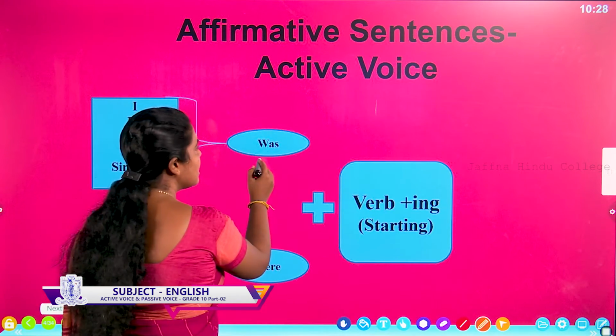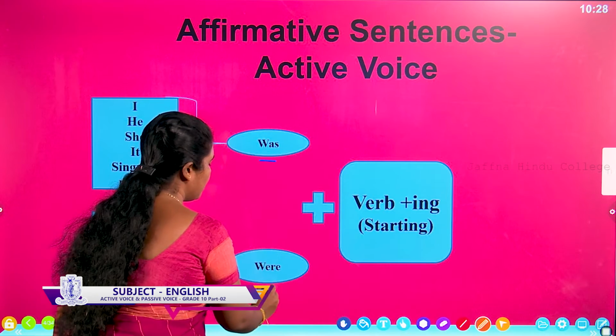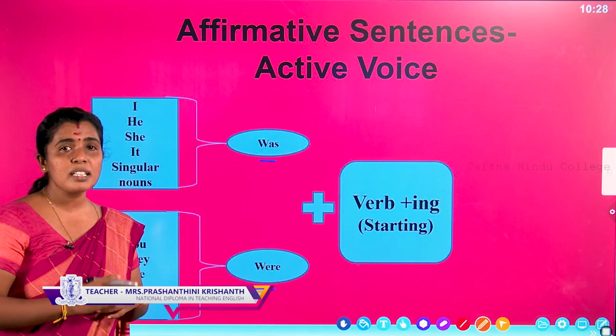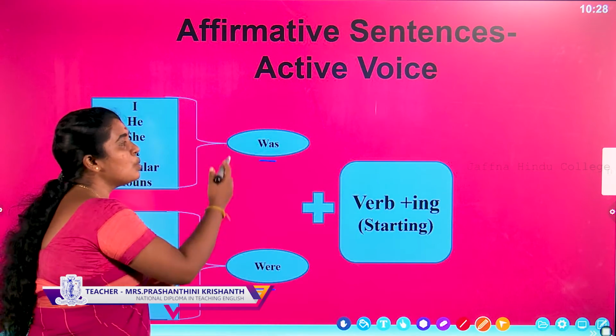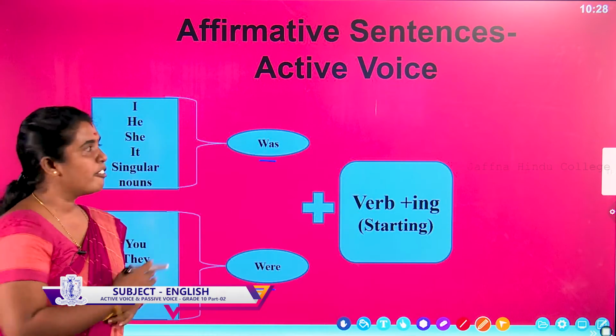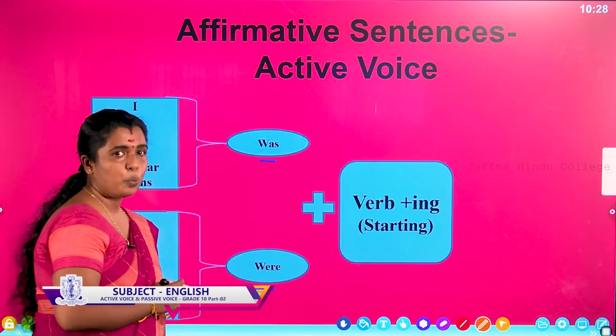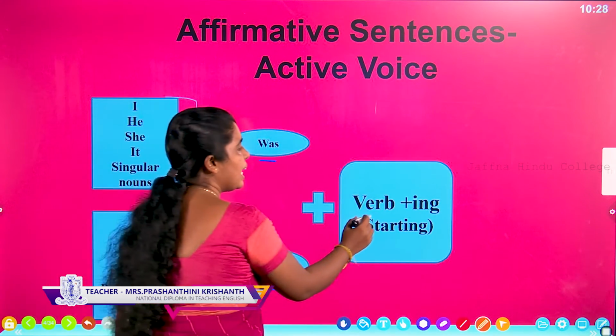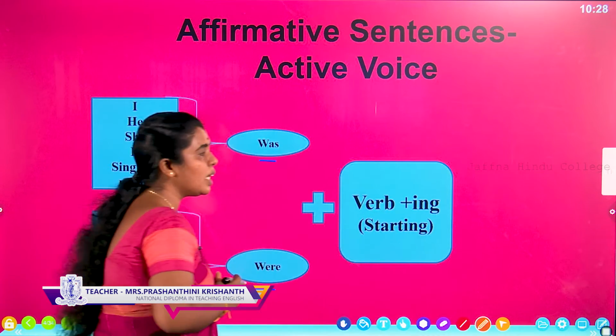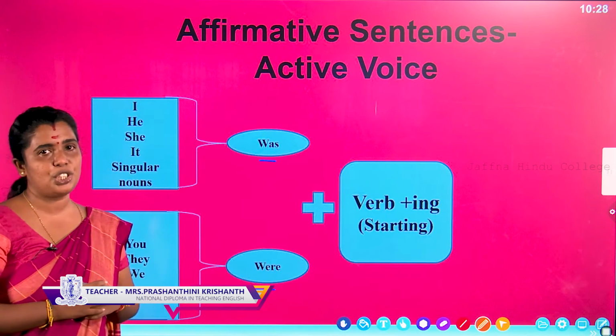After that, the helping verb. Here in past continuous tense, we must use these two helping verbs, was and were. After that, we have to use verb plus ing.